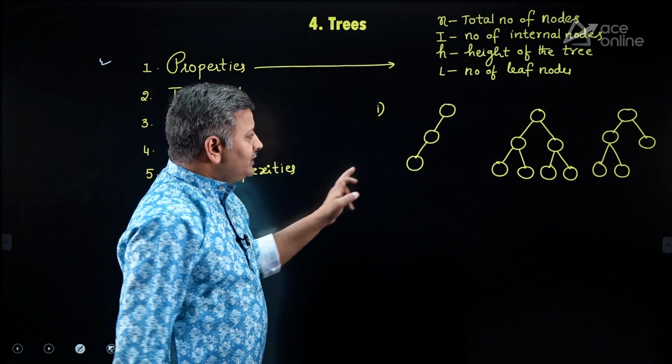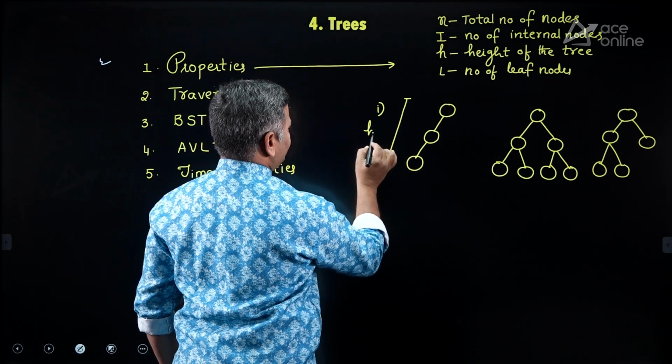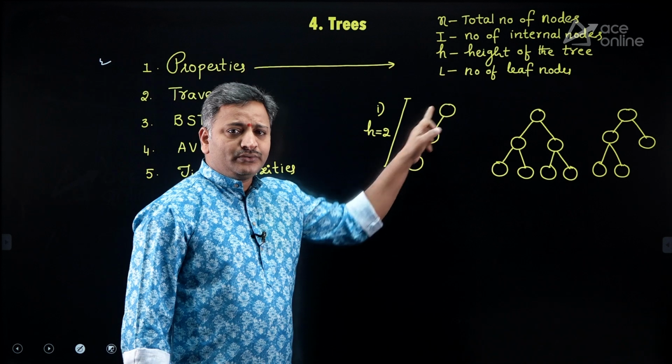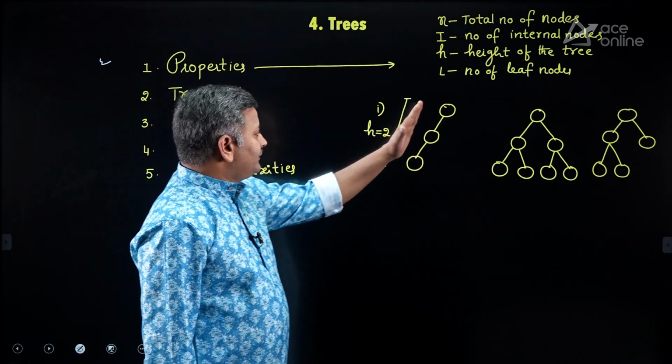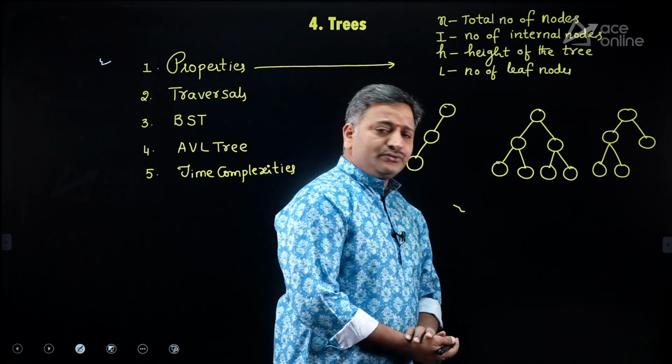If you observe all these trees, every tree has height equal to 2. Height means the longest path from root to leaf node. So the height of the tree is 2 here, also 2 here, and also 2 here.